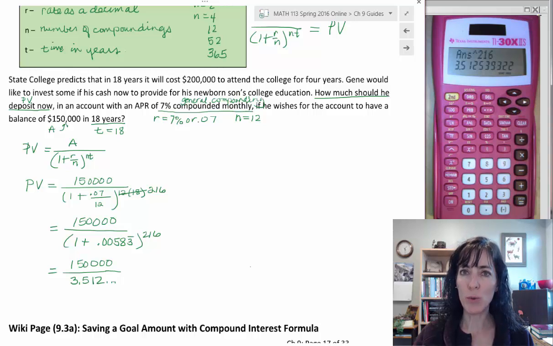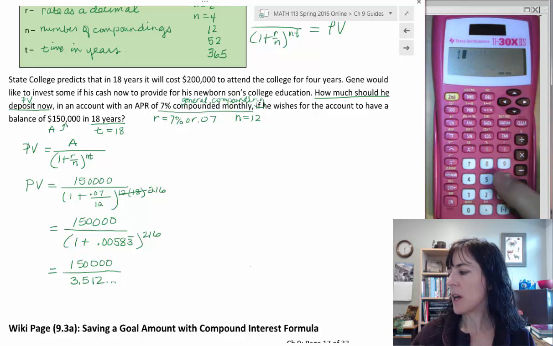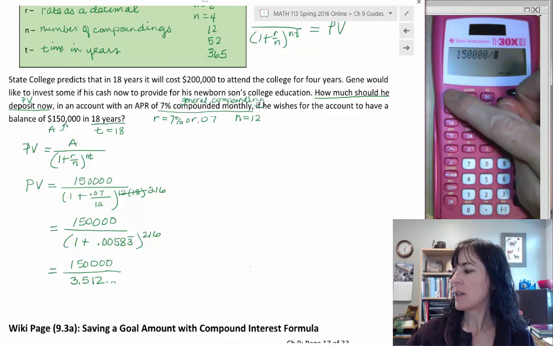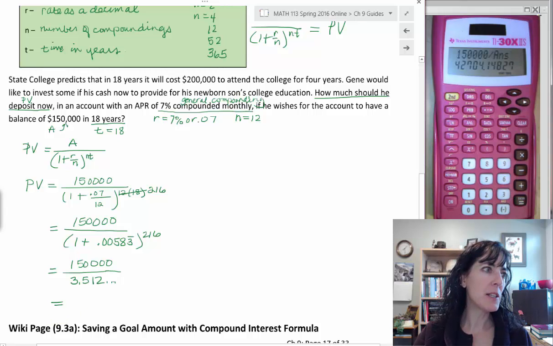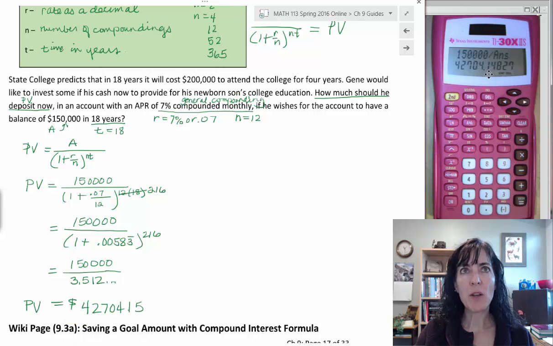So I really just want to leave it on the calculator and do that 150,000 divided by second negative for answer, and then equals, and I get a present value of, I'm looking at this value and it's 0.148, and because there's an 8 following the place where I want to round to, I need to bump that 4 up to a 5.